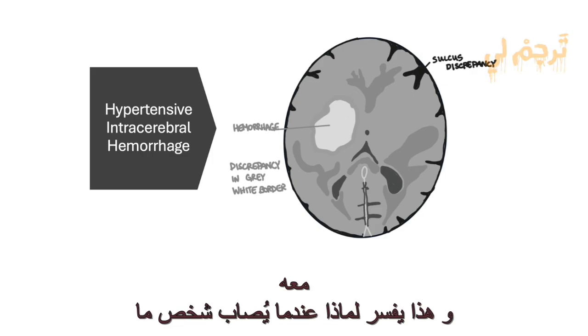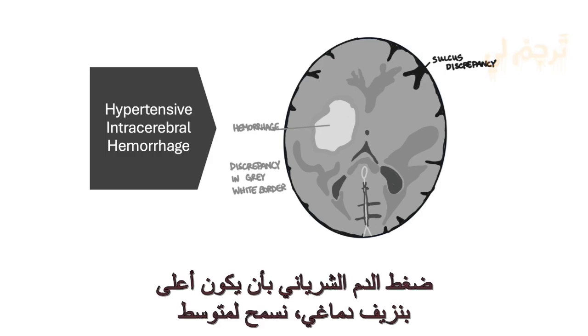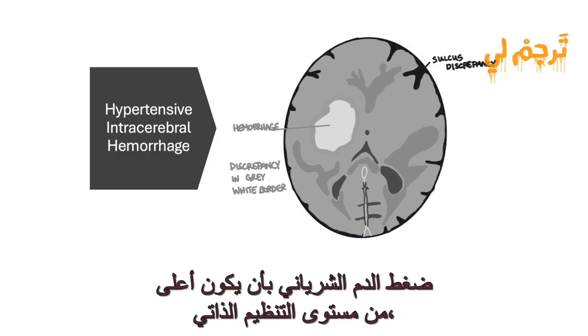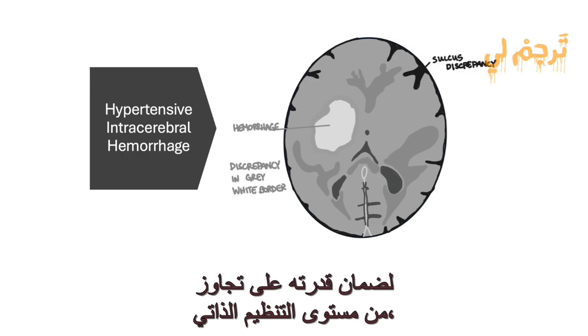This explains why, when a person has a brain hemorrhage, we allow the mean arterial pressure to be on the higher side of autoregulation to make sure that it can exceed that increased intracranial pressure.